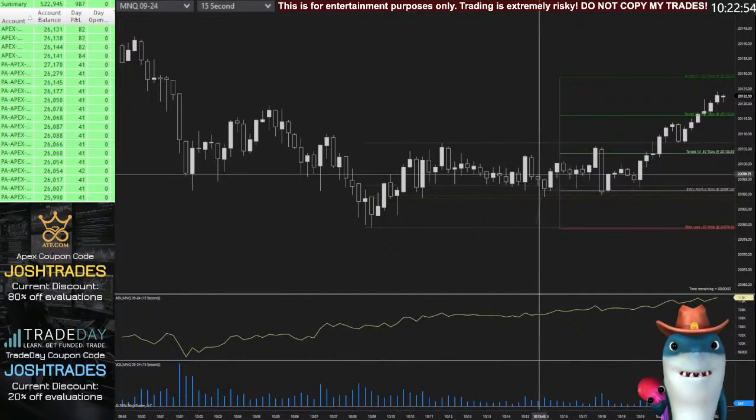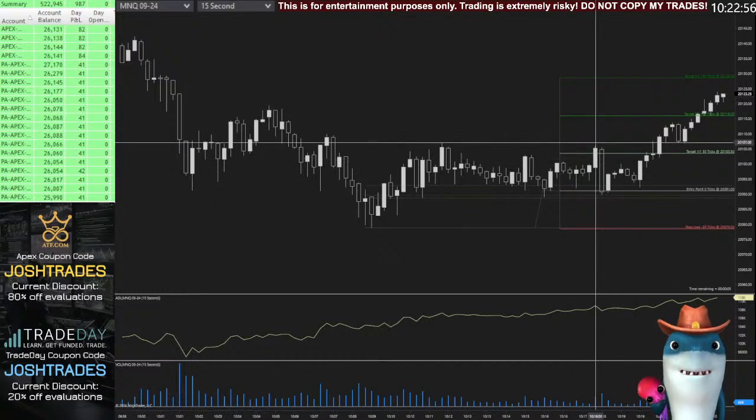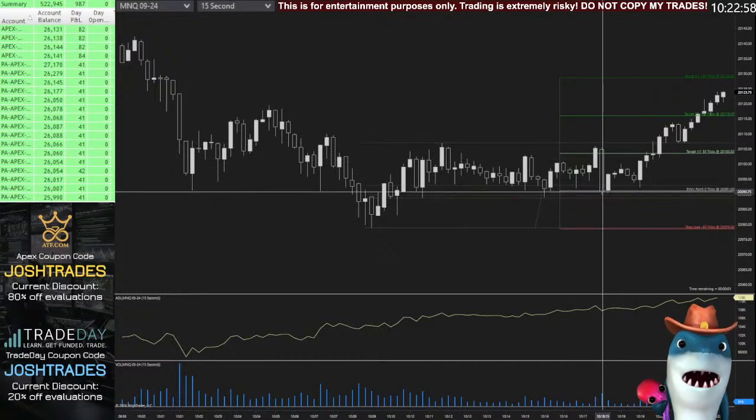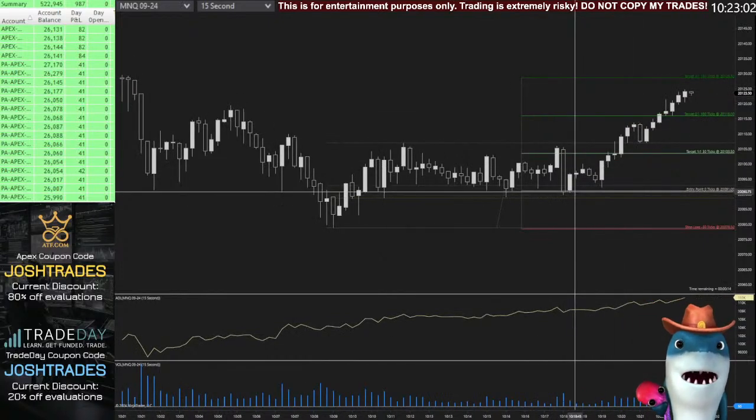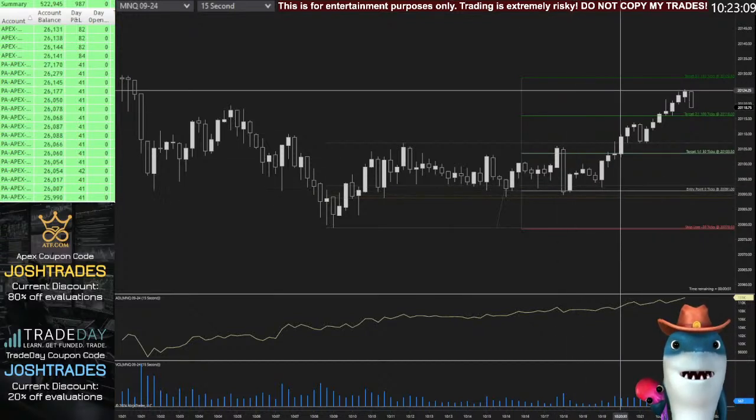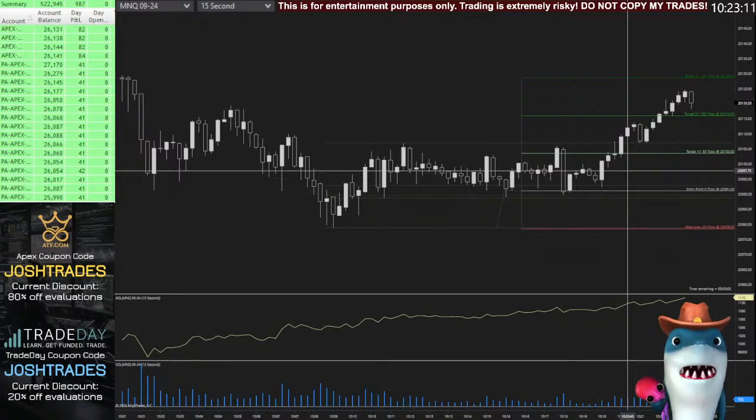Price came back down, tagged it, and then almost hit my target, came back down, and then retraced back up. I'm also glad that it didn't move my stop to break even here, because if I did, I would have been stopped out at break even before price moved back up.